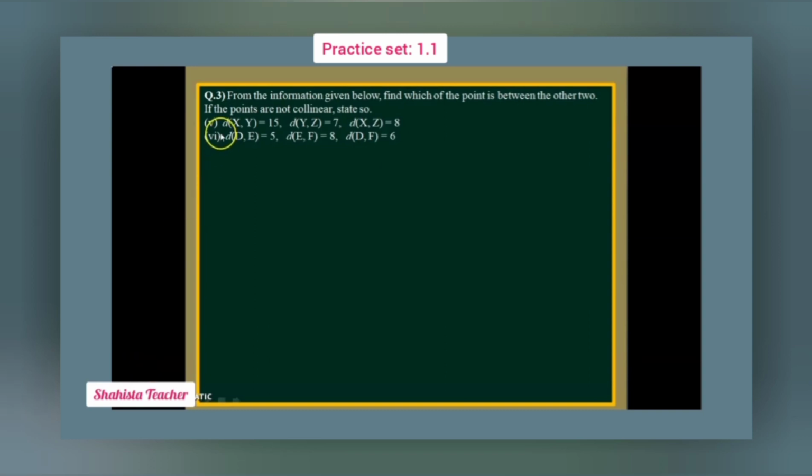Sub-question 5 of question number 3: distance of x comma y is equal to 15, distance of y comma z is equal to 7, and distance of x comma z is equal to 8.